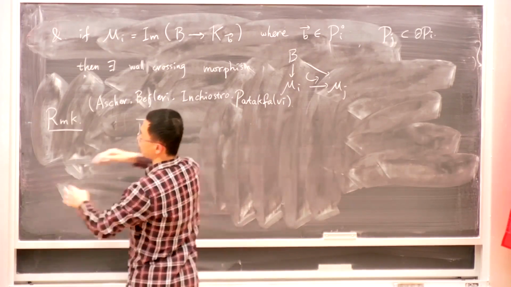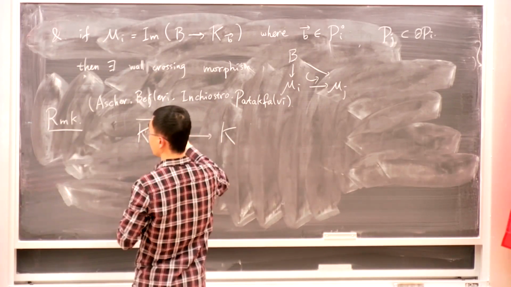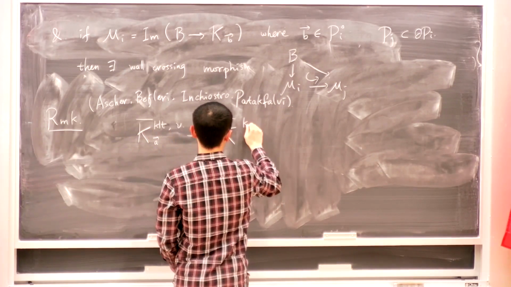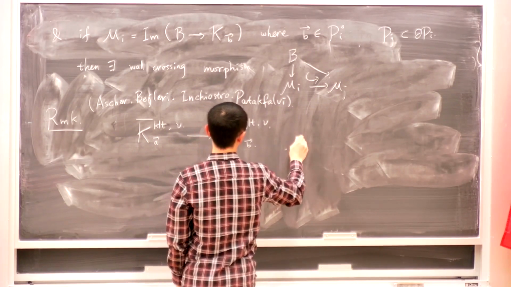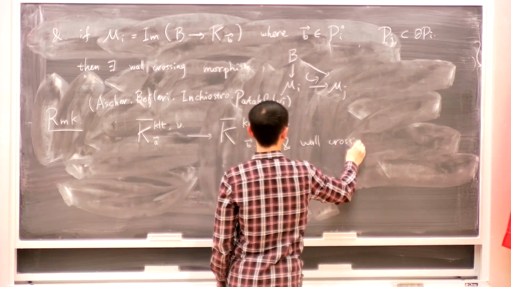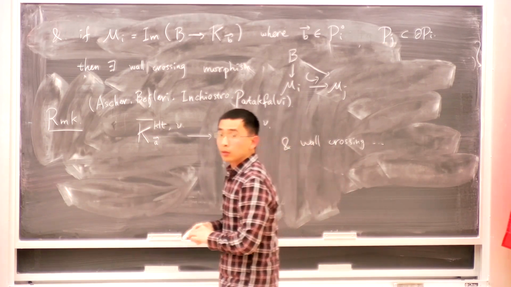What they show is basically the same type of statement, but with KLT instead of log canonical, and wall crossing, etc.